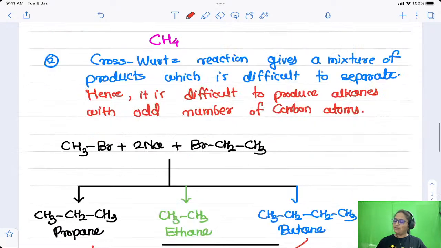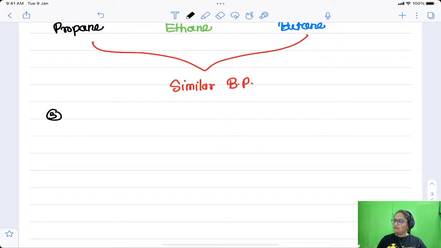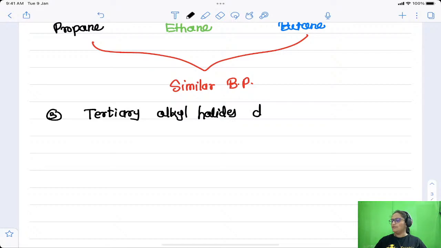Then the third drawback I will write down after this. If we try the reaction with a tertiary alkyl halide, tertiary alkyl halides don't give the Wurtz reaction. Then what do they give when treated with sodium and dry ether?